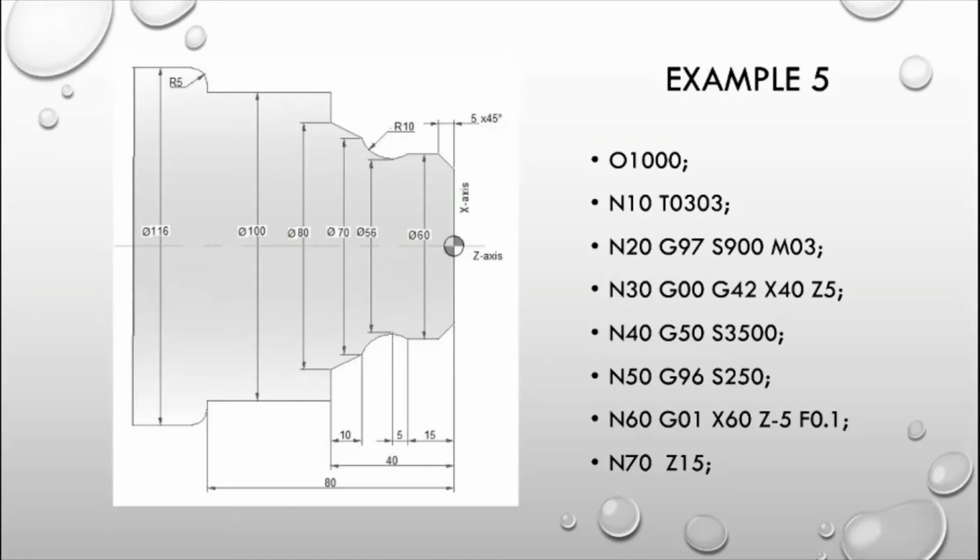That an X value 60, Z equals minus 5. X value 60, Z value minus 5. Minus 5 means it goes to there, by the feed rate 0.1.